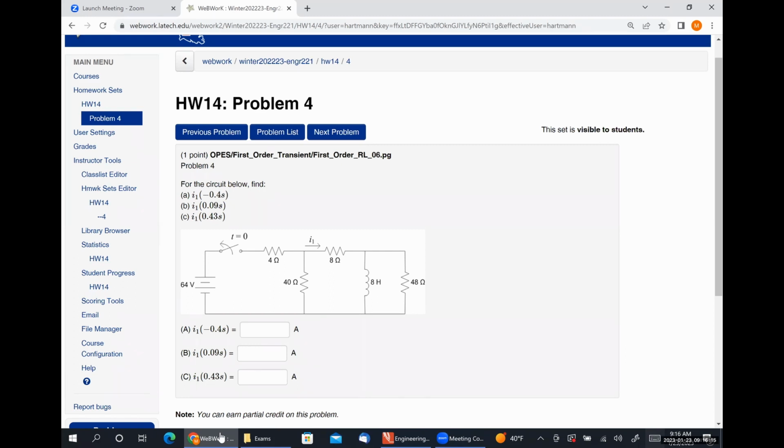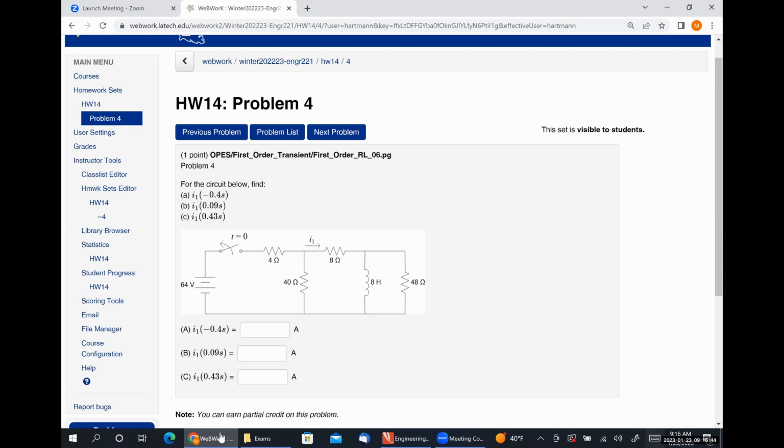So a source transformation, and then current division, and that'll give me just some number. One thing for this particular problem that I do want to point out is that you aren't asked specifically to find the inductor current. That being said, you need to know what the inductor current is so that you know how to analyze the circuit at t equals 0 plus.